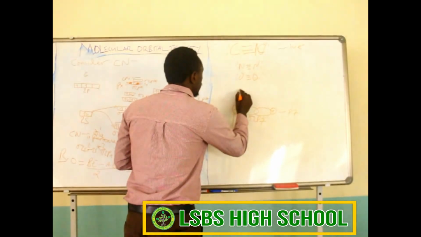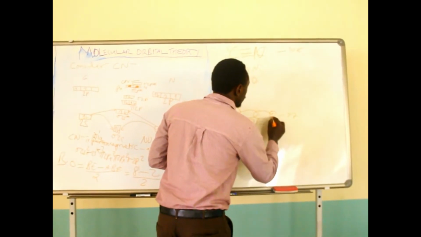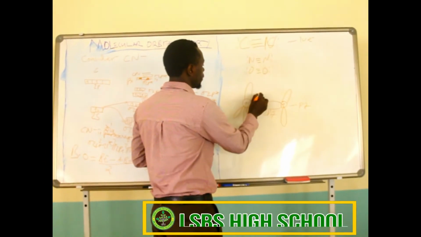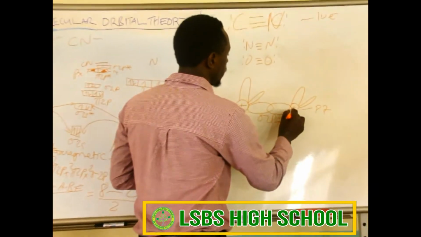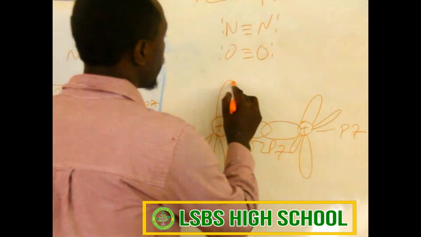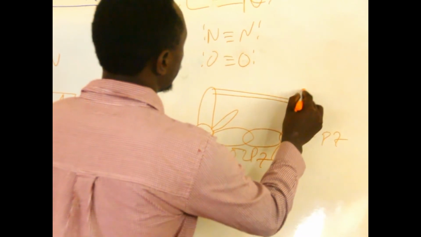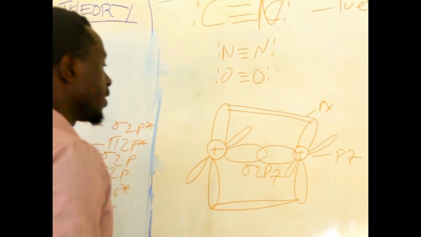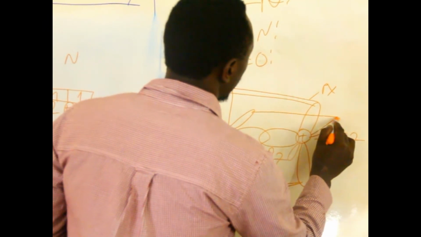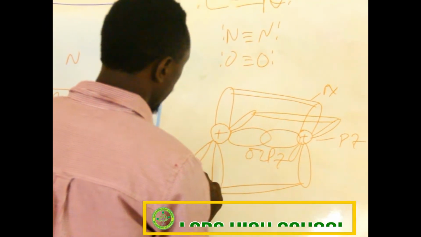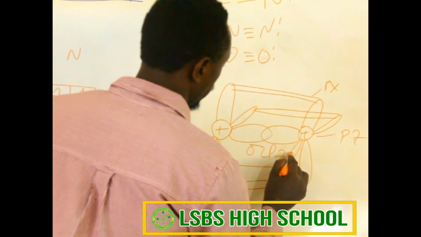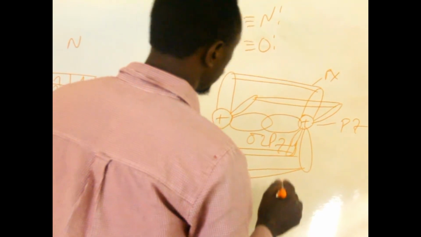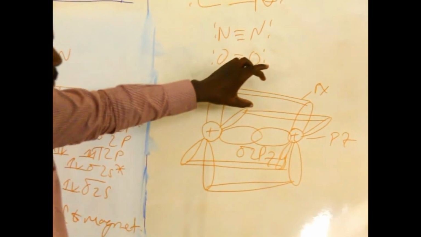Px will spin in this direction, and the py will spin in this direction. Now px, they overlap this way and form a pi bond, and the py forms another pi bond, and this results in the formation of a triple bond.